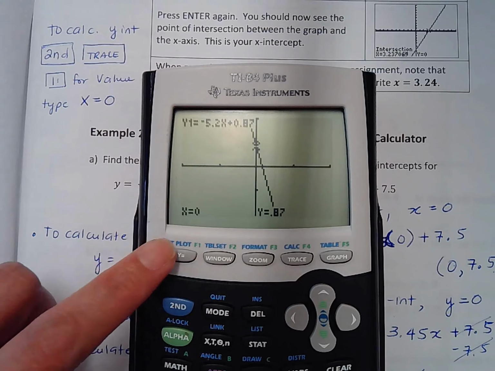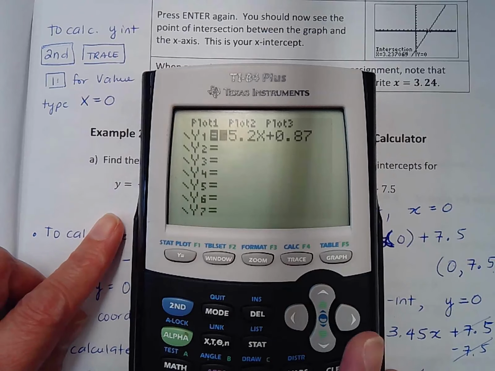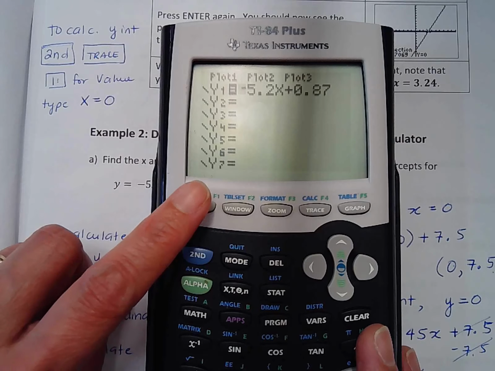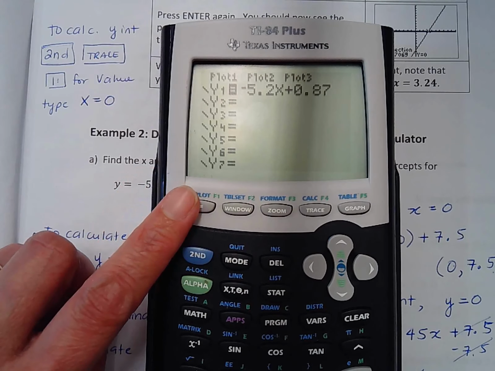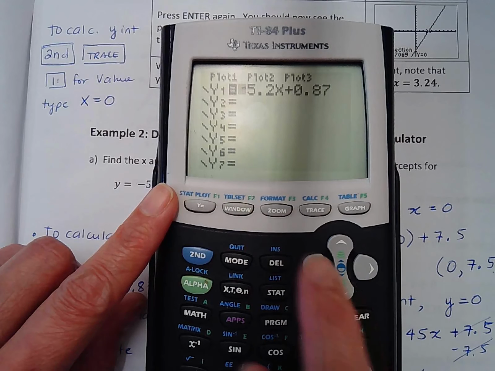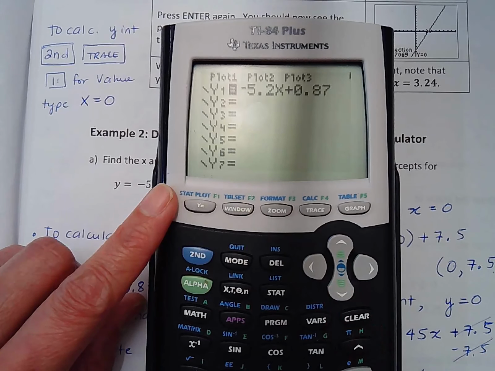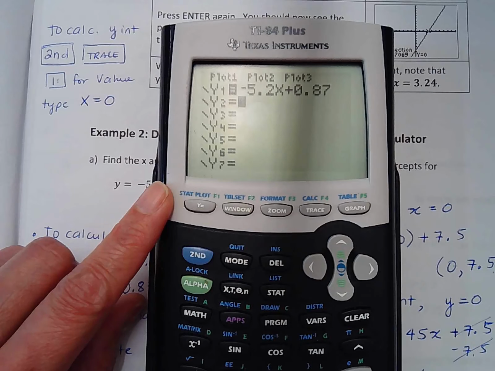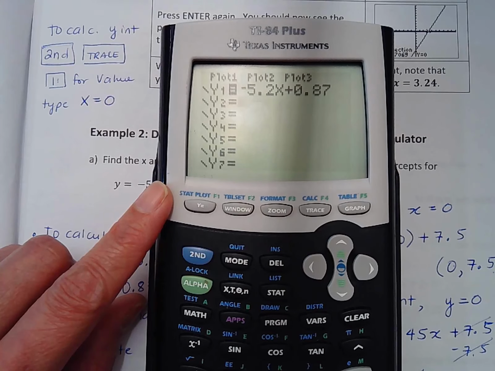We're going to press y equals, okay, everyone there? And then we're going to go down to y2. I'm going to wait.